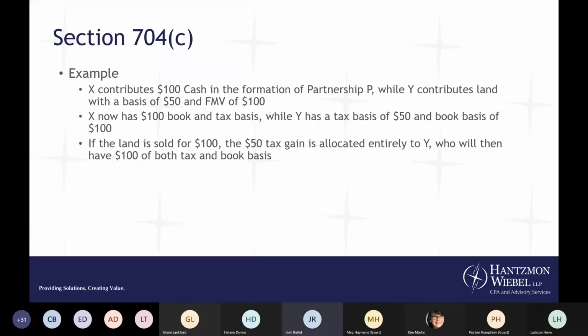If the land is sold for $100, there's a $50 tax gain, but no book gain because we're selling it for fair market value, which is the book amount. The tax gain is allocated entirely to Y, who at that point will have both tax and book basis of $100. Everything is even across the board now. That's the most basic example. It's basically what Glenn just said.